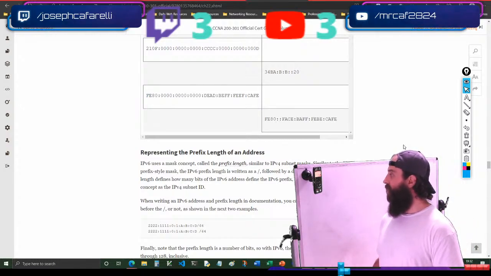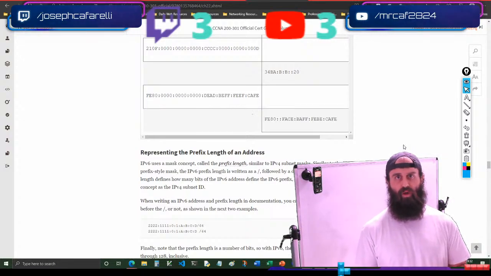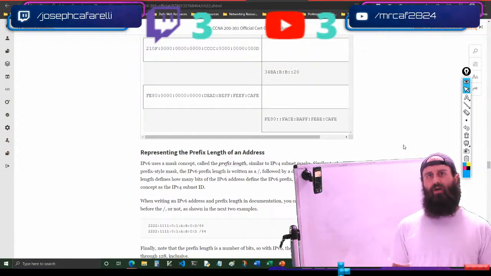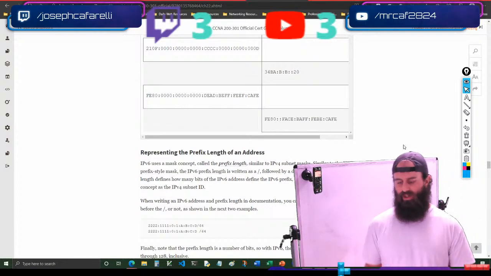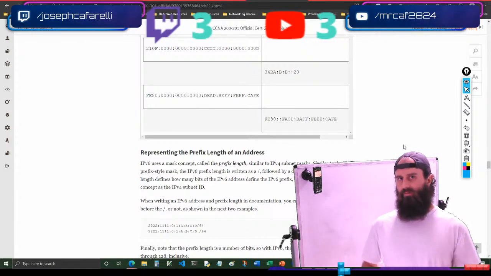Is that like Wireshark? No, Wireshark is a packet capture program. You would implement Wireshark inside of a network, like on my PC. I would open up Wireshark and start capturing packets that are in my network.